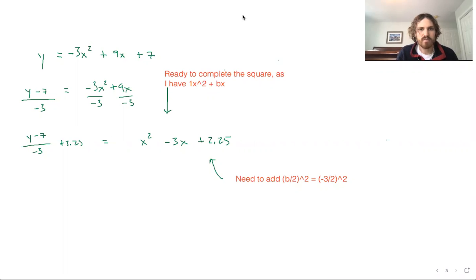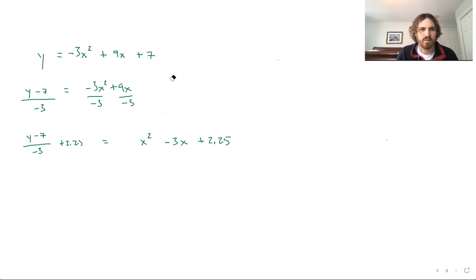I'm going to erase this just so it's out of our way. Then I should have y minus 7 divided by -3 plus 2.25 is equal to x minus 1.5 all squared. Remember that these are equivalent, right?